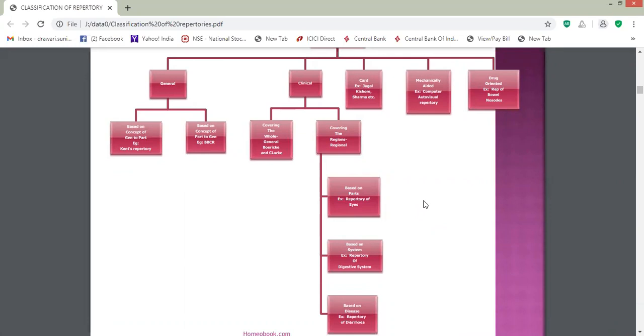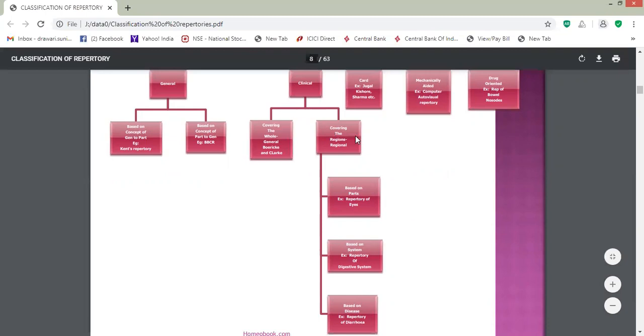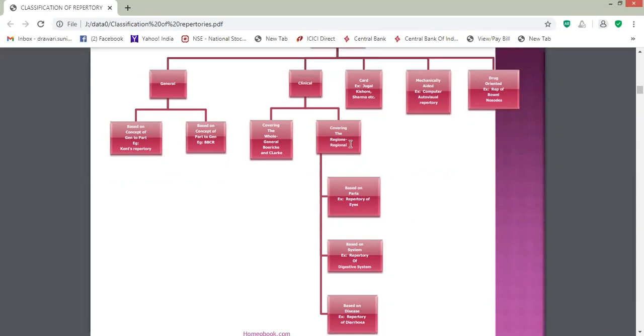And some clinical repertories are based on disease conditions, like a repertory of diarrhea. So in this way, the clinical repertory has two main types of classification, covering the whole and covering the region. Then under covering the region: based on the part, based on the system, and based on disease.